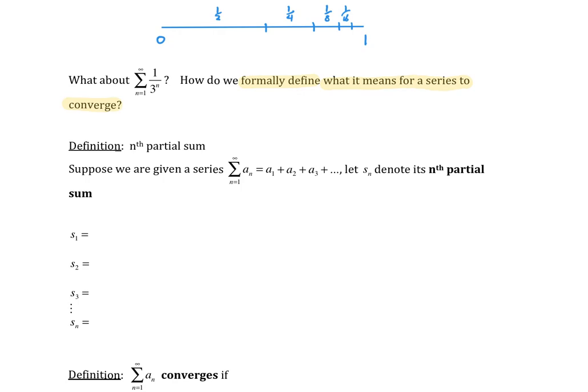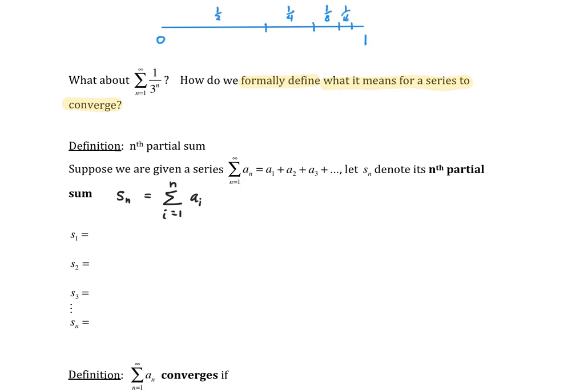Now, the nth partial sum is denoted S sub n, and it basically adds together the first n terms. So what I'm going to do is change my index to i, like this, and I'm going to have the upper limit of my sum be n, and then I'm just going to add together the a sub i's.